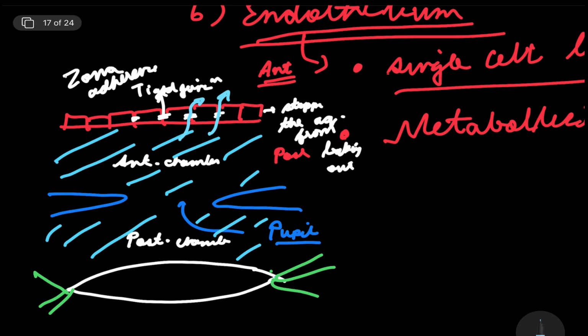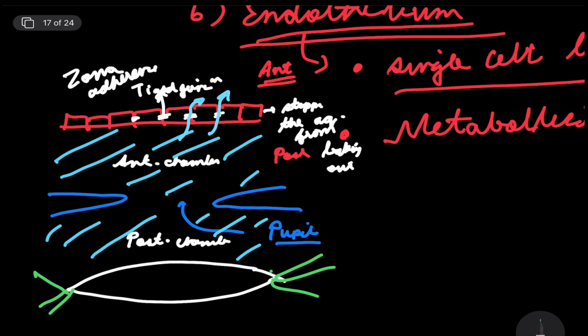It does not even have blood supply. Why did it not have blood supply? Because it had to maintain its transparency. Now, if a fluid moves into the cornea, can it still be transparent? Obviously not. It will become hazy. It will become edematous. That is why endothelial cells are very, very important in maintaining corneal transparency.